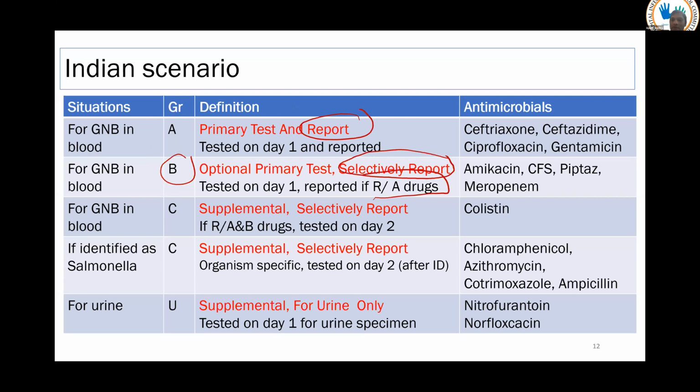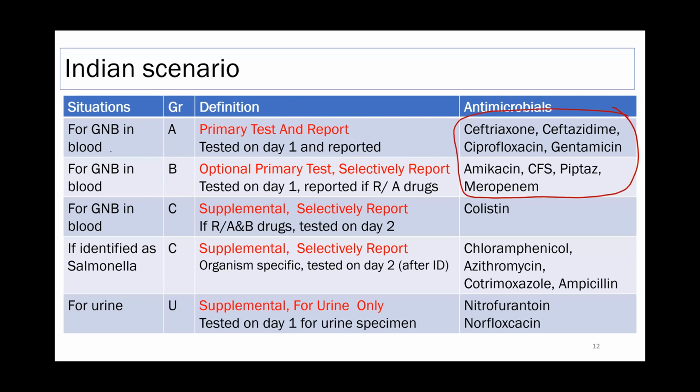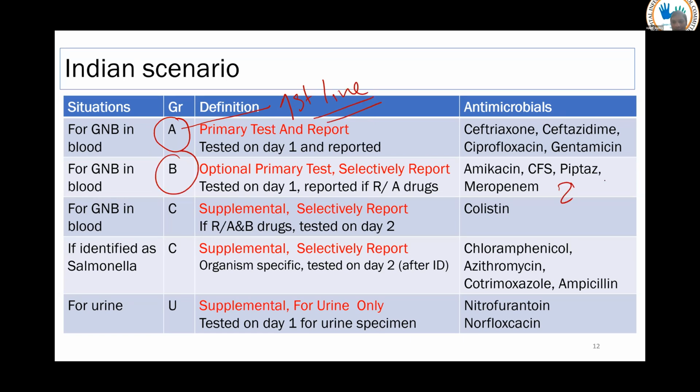For example, these are the common antibiotics we usually test for gram negative bacilli in blood. If you get a gram negative bacillus in blood, let us assume you have tested these gram negative antibiotics. Among these, the first four antibiotics can be the first line antibiotics. So A group is equal to first line antibiotics, and B group can be called second line antibiotics.